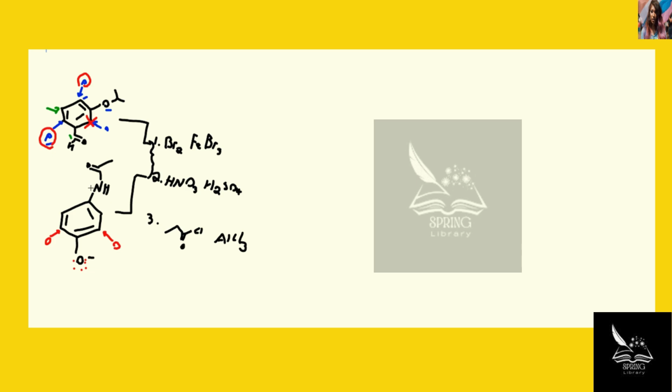The amide, with its lone pair, can also donate resonance and electron density into the ring, so it is also electron donating to its ortho and para positions. However, once again, a negatively charged oxygen is a far stronger directing group than an amide. So we're going to follow the ortho position of the stronger directing group, which is this negatively charged oxygen atom.